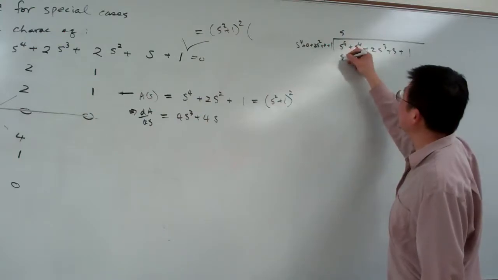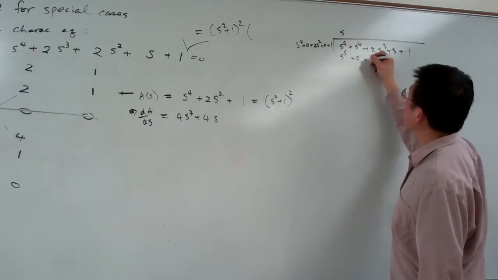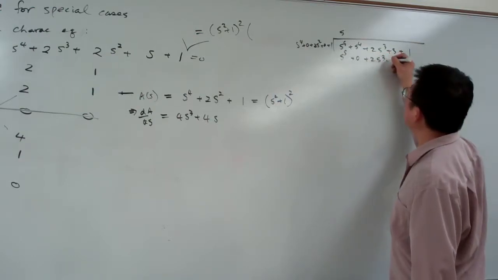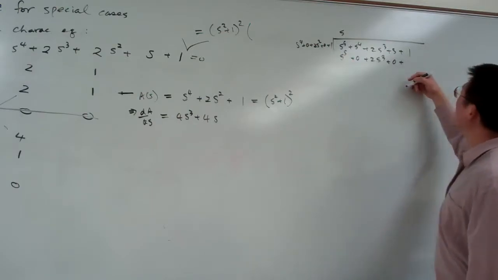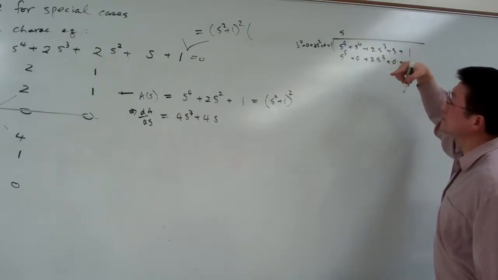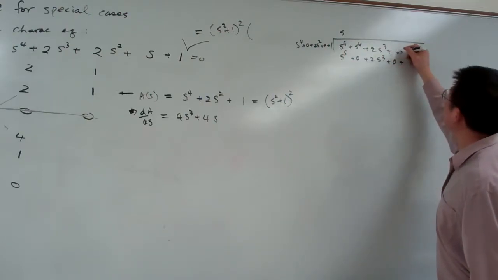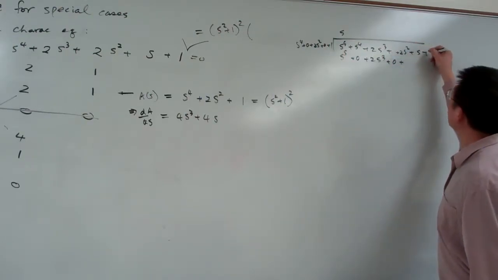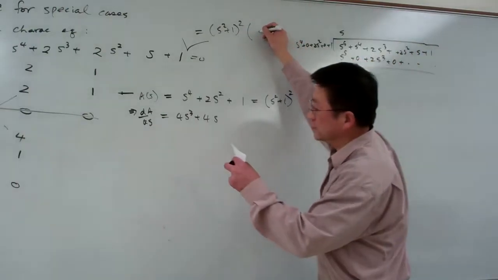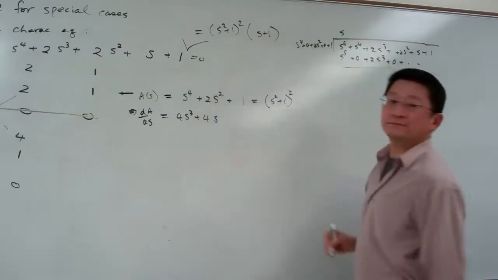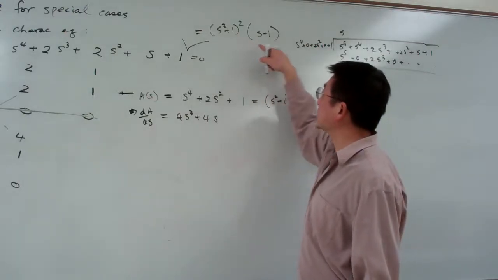So this is s^5 and 0 and 2s^3 and 0 plus... I screwed up. There's no 2s squared. 2s squared, yes. Okay, so you do this one, and you can quickly come up with the other term, which is s plus 1. Okay, so by hand calculation, we can factorize the system like this.